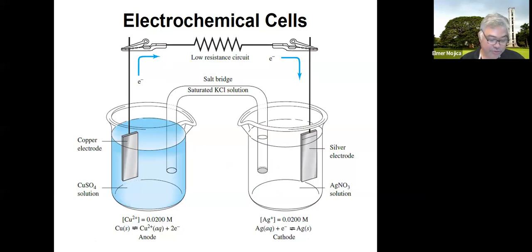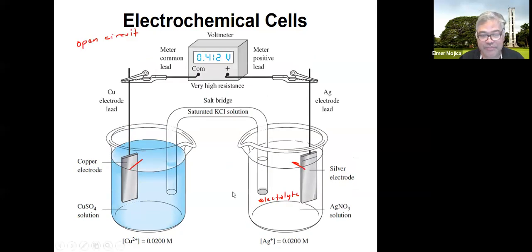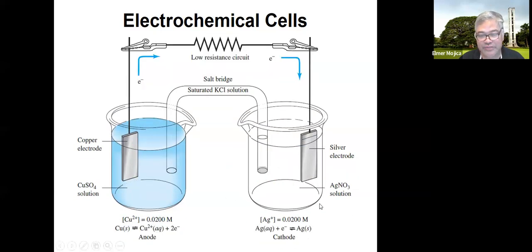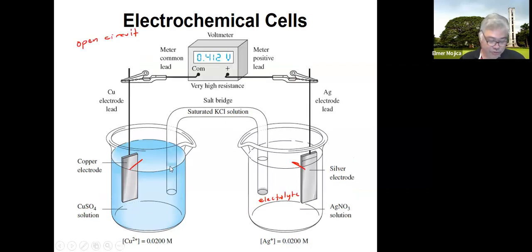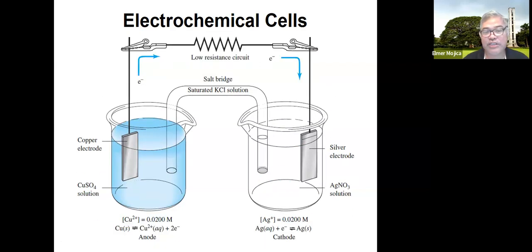So all of them we could say have the same electrodes. You have silver and copper, and you have silver nitrate solution, copper sulfate solution, silver nitrate solution, and copper sulfate solution. Okay, so what's the difference between the two? So here I told you this one is in open circuit, this one is doing work. Okay.